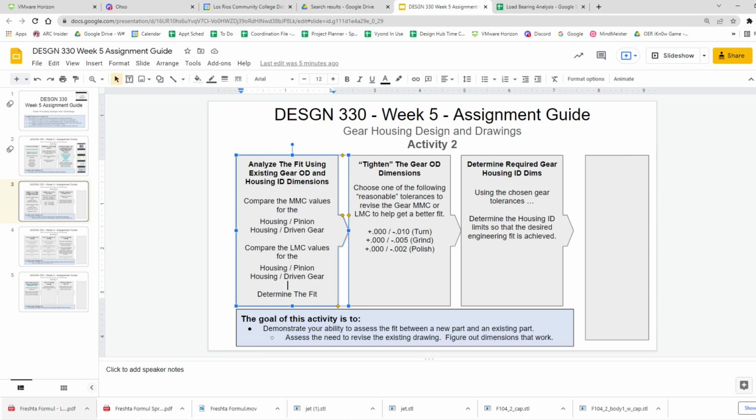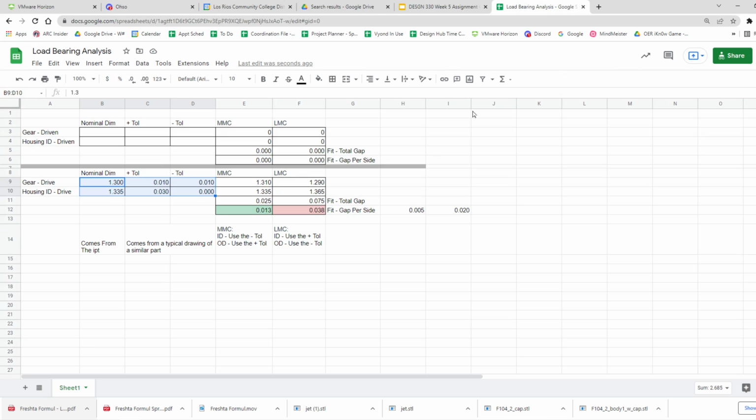And that's what I mean by determine the fit. Compare, analyze. So I've analyzed the fit. I don't have a solution yet, but my analysis tells me that this is not an acceptable set of design parameters.